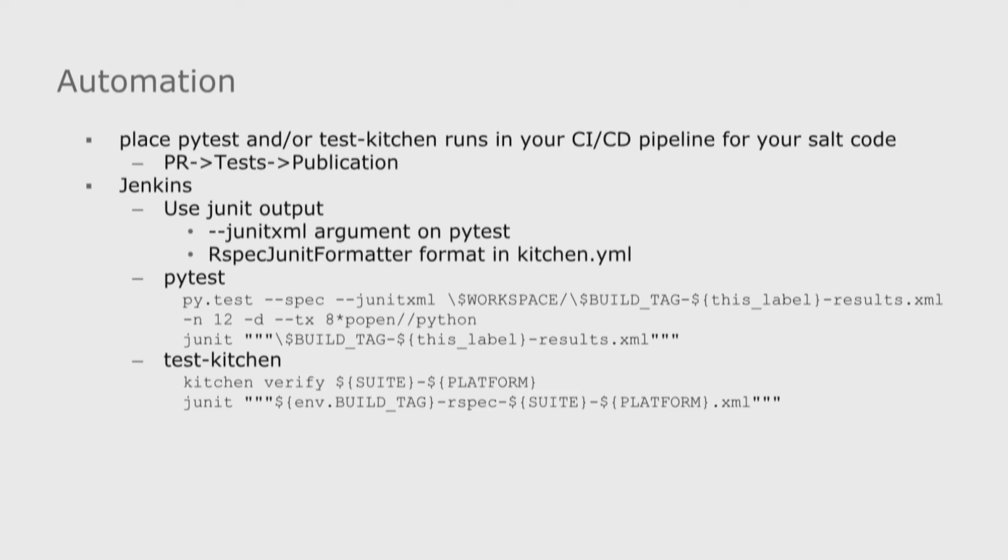When a user commits to our Salt repo, we have a post-commit hook that then starts our Jenkins job, and then our Jenkins job runs the pytest tests with this command right here, which just tells it to run all the Python tests in there, output JUnit, and then consume that JUnit file. So then if you're familiar with Jenkins, you get a pretty graph that says we ran 500 tests and they were all successful, or what have you.